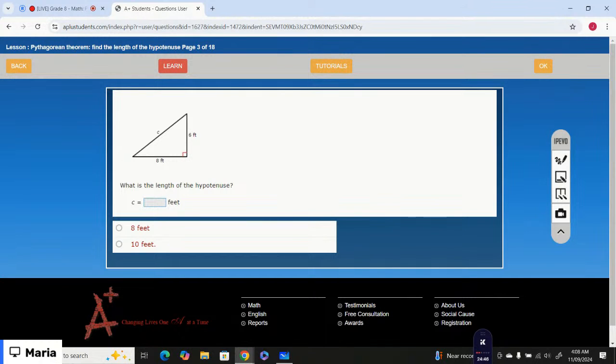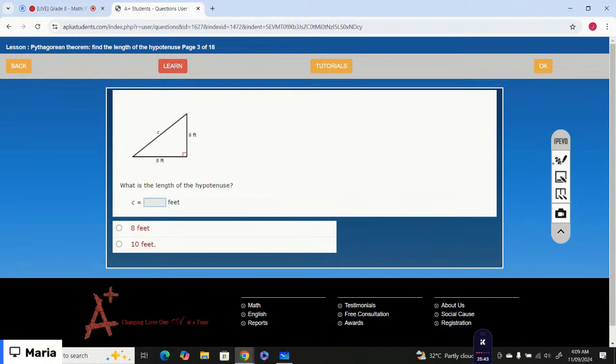Okay, what is the length of the hypotenuse, which is the correct option? The correct option is 10 feet.